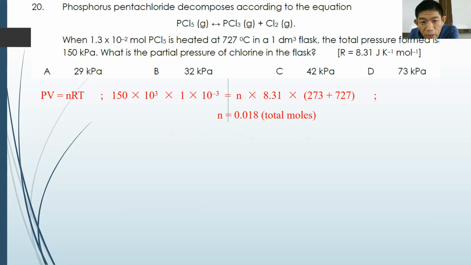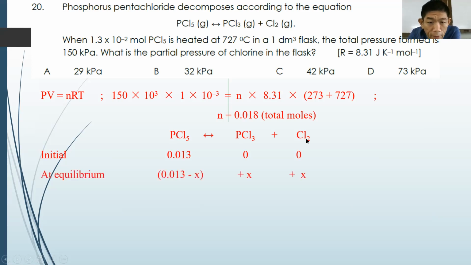Then you go back to the equilibrium system where PCl5 gives PCl3 plus Cl2. Initially you have 1.3 times 10 power negative 2 mole PCl5. Some PCl5 will dissociate, and the stoichiometry is 1 to 1 to 1. That means one PCl5 will dissociate to become 1 PCl3 plus 1 Cl2.